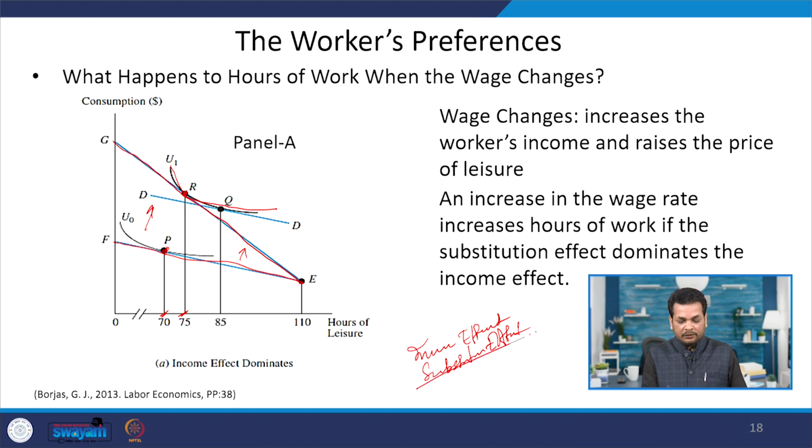Let us try to find out how much is due to the substitution effect and how much is due to the income effect. When the wage has increased from 10 to 20, let us isolate this income effect.